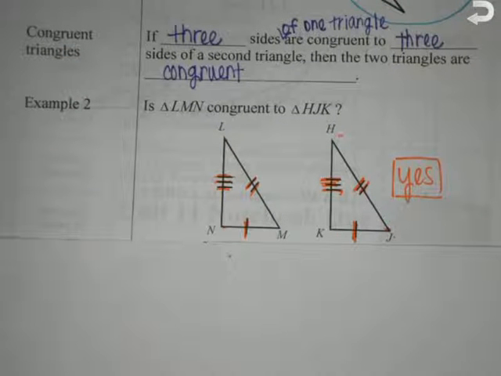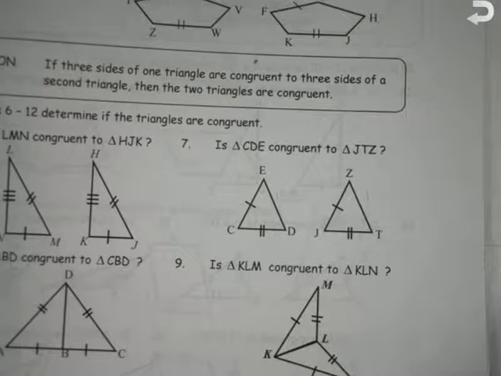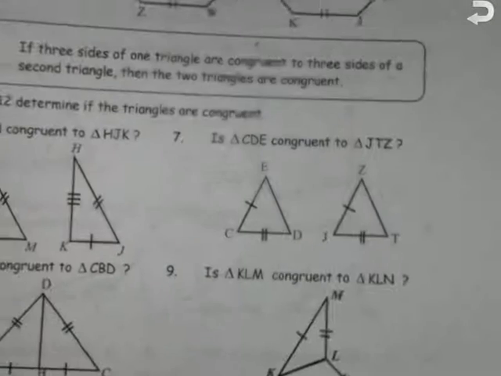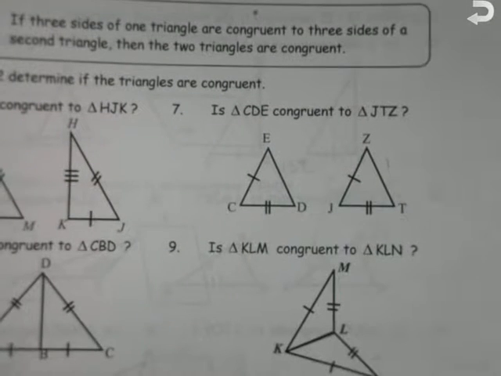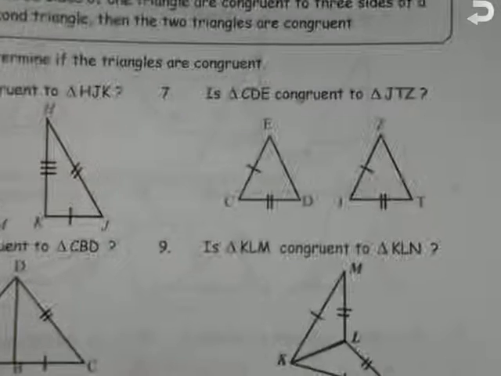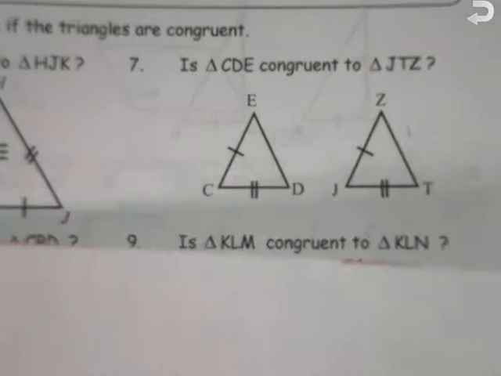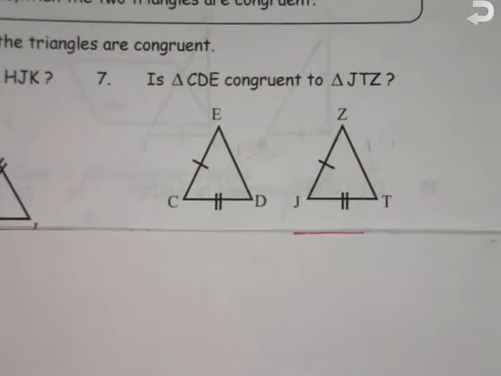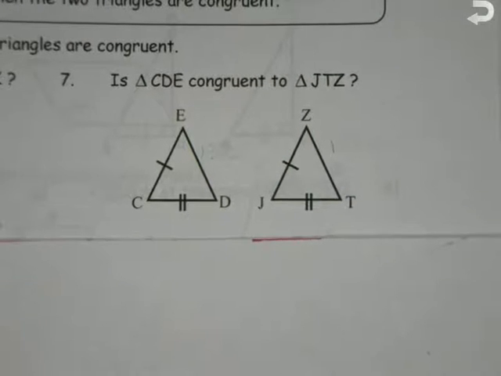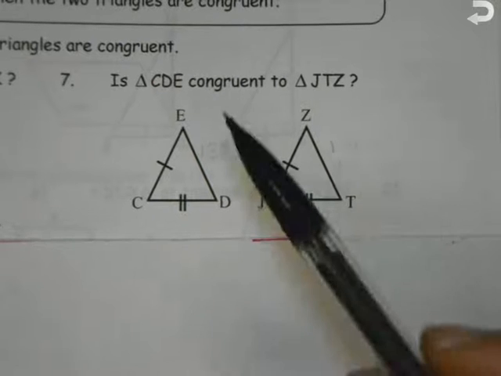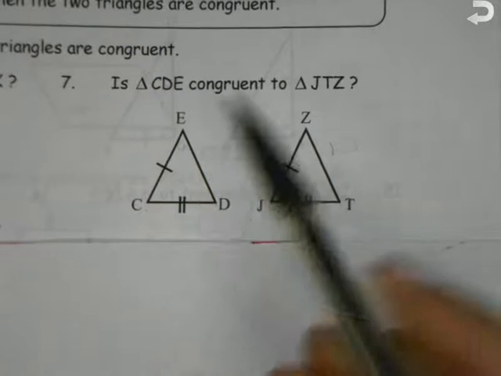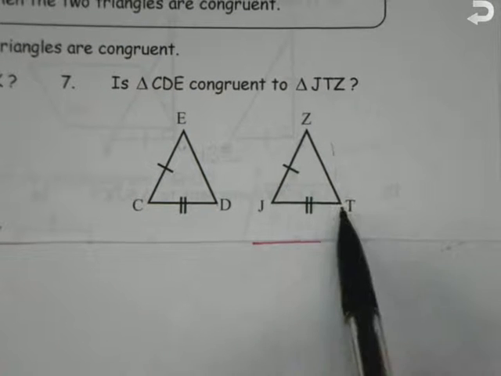Alright guys, so really quickly, before we go on to example 3, I want to look at number 7 on our homework. Okay, looking at number 7, we are asked if CDE is congruent to JTZ. Do you see any sides that are the same?